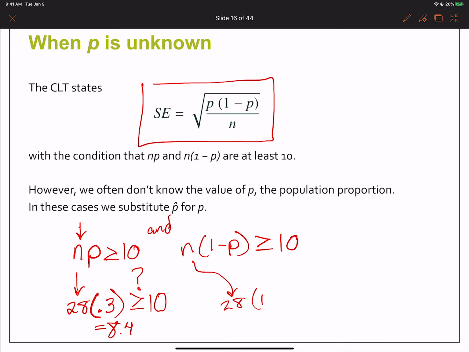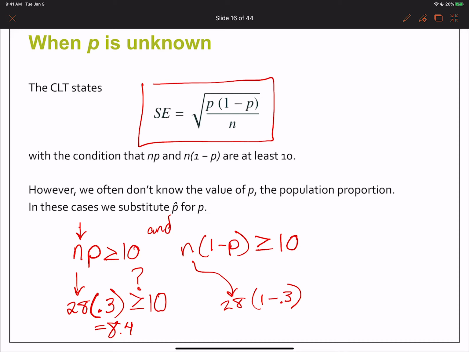What does this 1 minus P represent? First, what did we say P was? The proportion. Which is what in this case? 0.3. What does that 1 minus 0.3 represent? The whole 100% of us. Well, the 100% of us would just be 1.